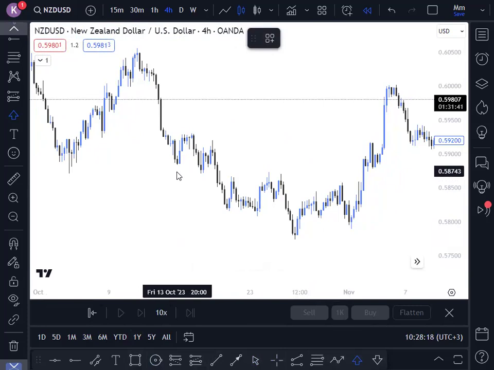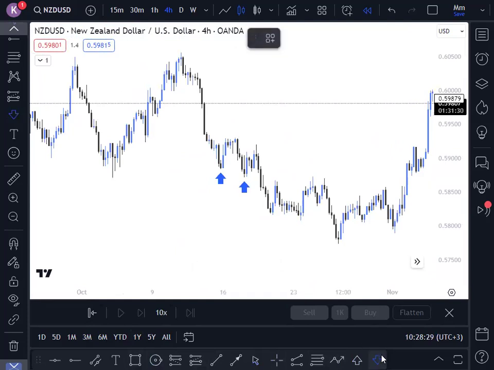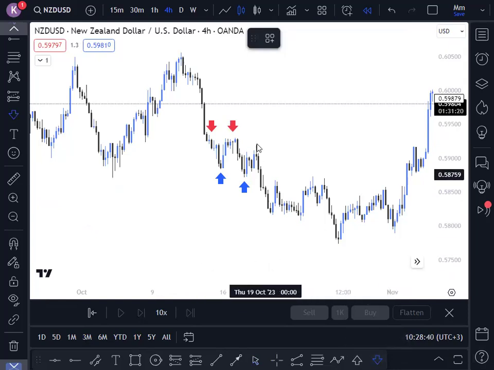So I have one swing low here, and then I have the second swing low here. So at the top, I have the first pullback there, and I have the second pullback there, and I have another one there.